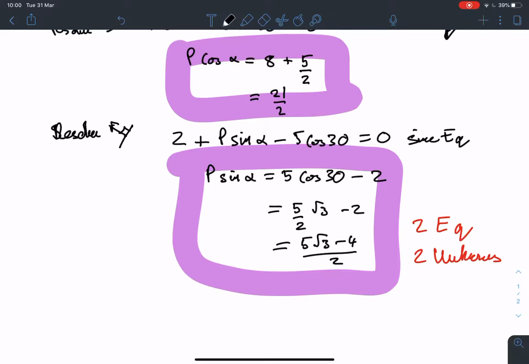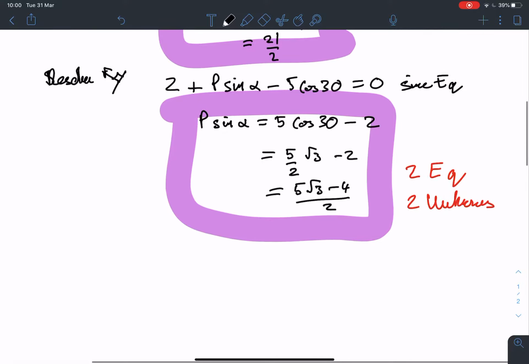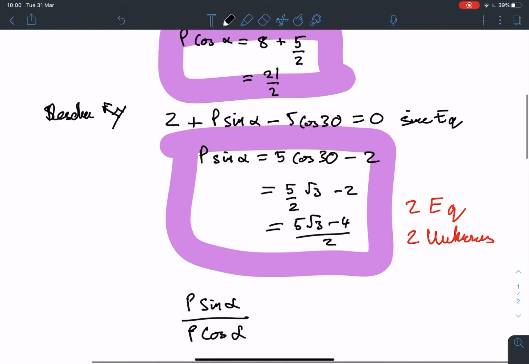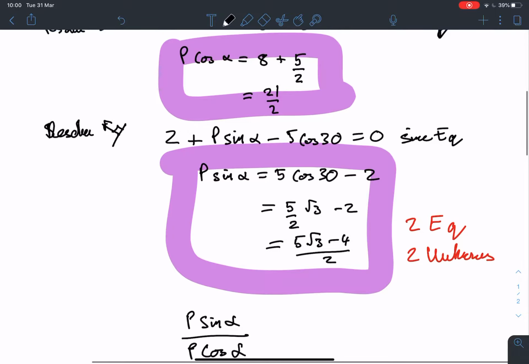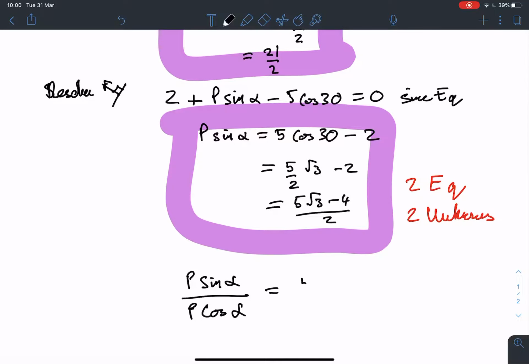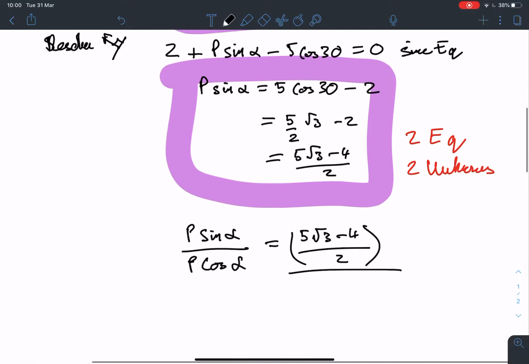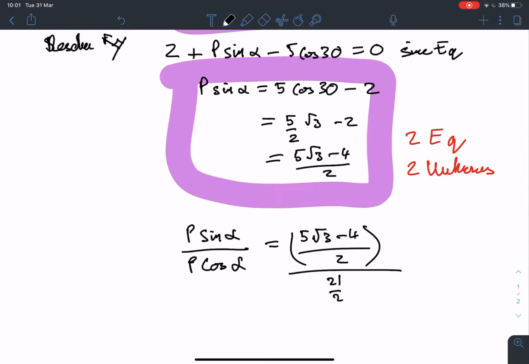Harvey, any idea? Anybody else? Okay, let's have a look. So we can put P sin alpha divided by P cos alpha. We could have just made P the subject, but if we do that, it's just a little bit easier and quicker to do the calculation. So we take P sin alpha, which is equal to 5 root 3 minus 4 all over 2, and divide it by P cos alpha, which is 21 over 2.